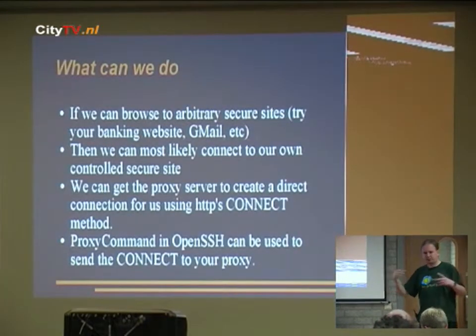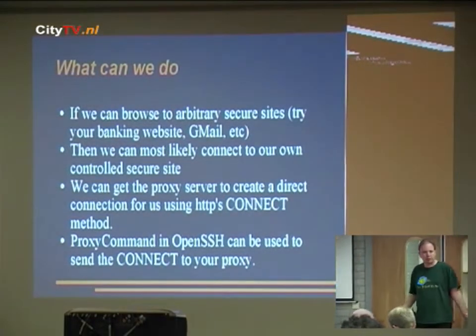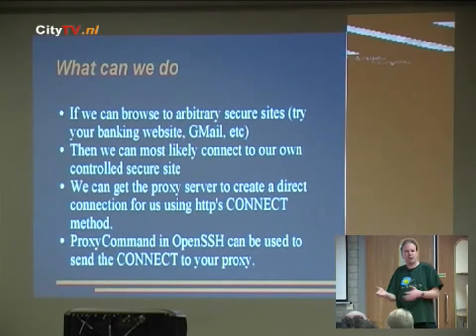So if we can connect to secure web servers, and you can usually test it, you can find out quick enough if that works. Go to Gmail, go to a banking website. Then you most likely can connect to an arbitrary secure website. That usually means that the proxy is allowed to connect to the entire internet as long as it's HTTPS.